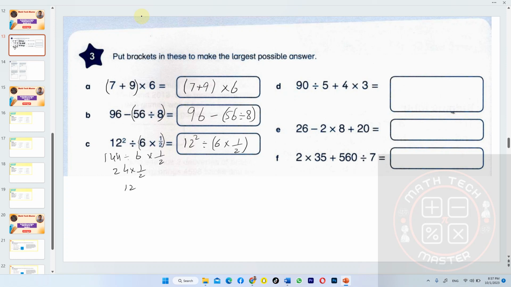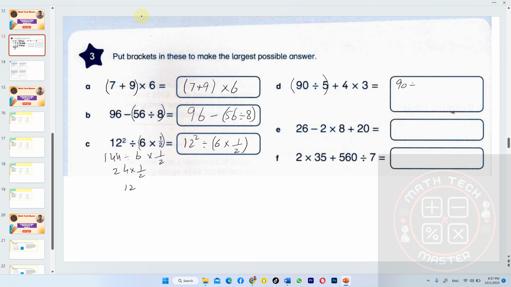In the next case, this is a straight expression where we can either divide the number by 90 first, and then we will add 4 into it and multiply the number by 3, or we can simply put the bracket after the first 3 digits.